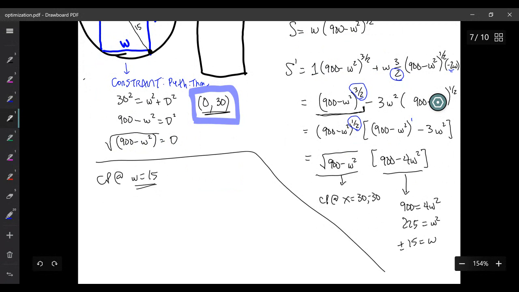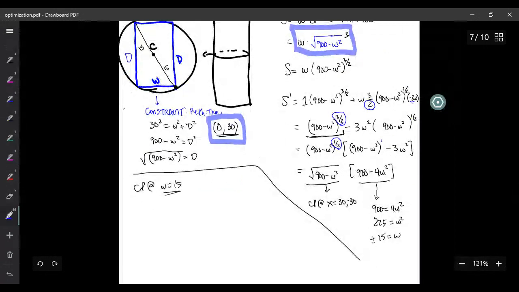Okay, so that's the third thing I'm looking for. First thing is a function with one variable in it. Next thing is the domain. Next thing is the critical point. So now we check that we have a max. We look at our number line, 0 to 30, and my critical point is at 15.